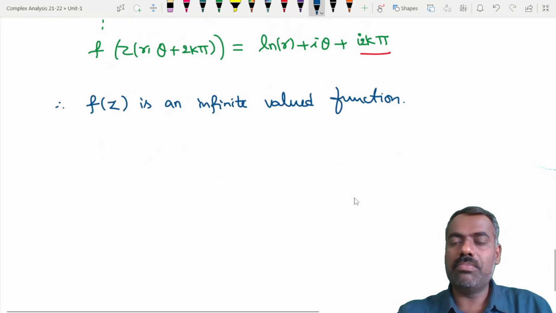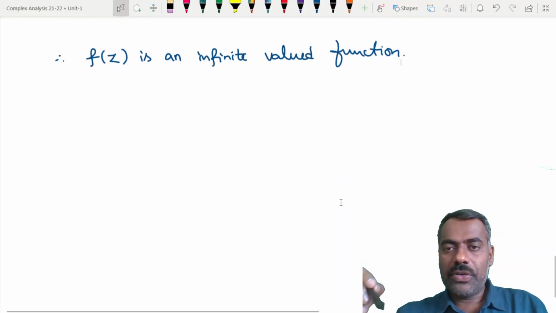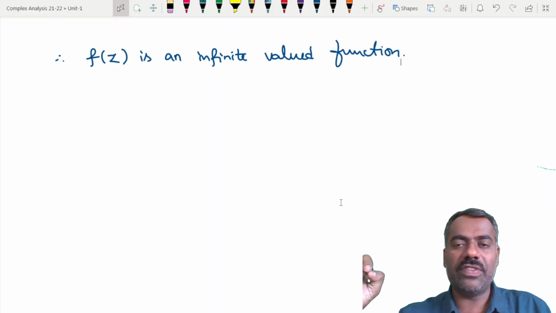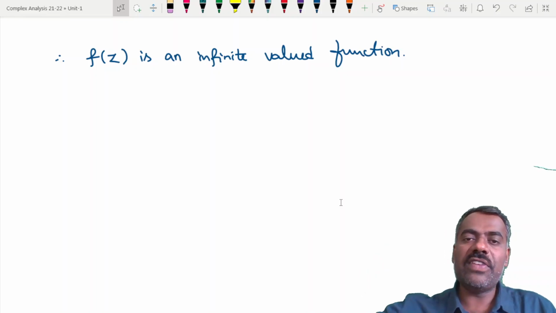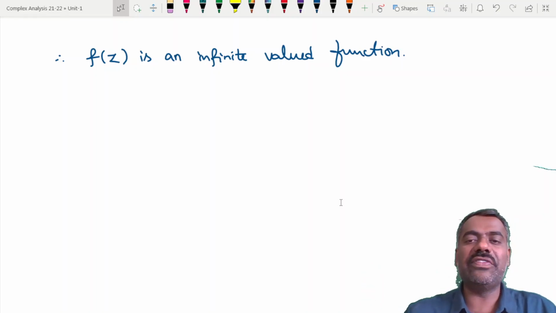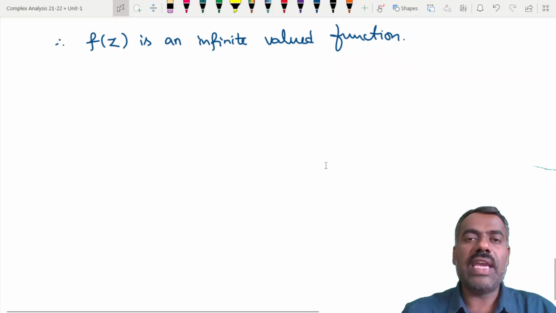Now, whenever we have a multi-valued function, that means after going through a rotation, instead of going back to the original value of f of z, we are going to some other value of f of z. So different values are coming. So the concept of a branch point and branch cut will come. For multi-valued functions, we have three concepts.